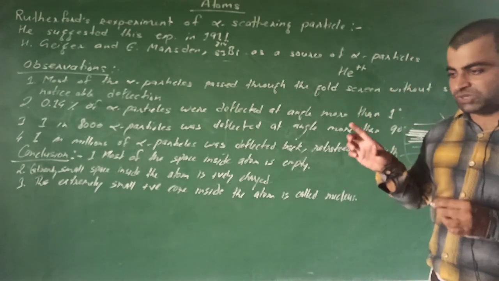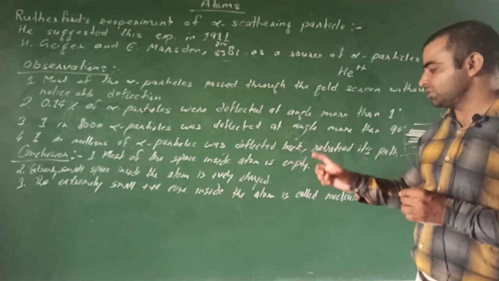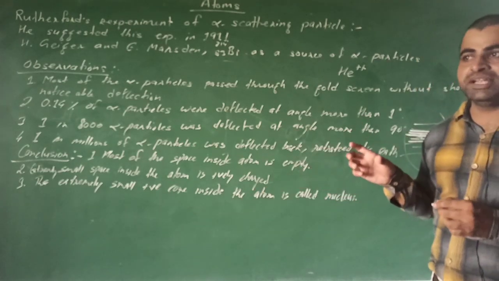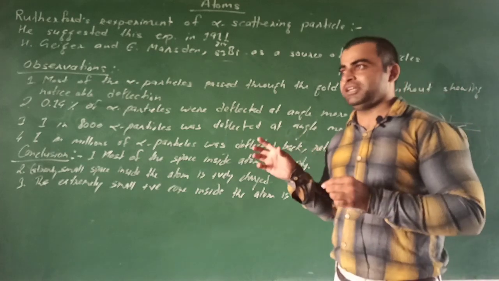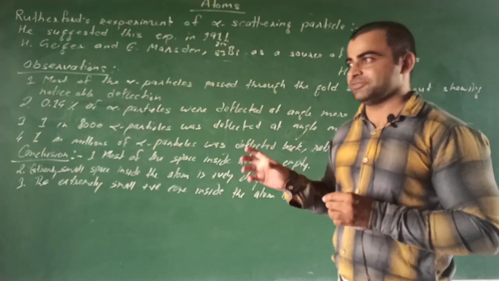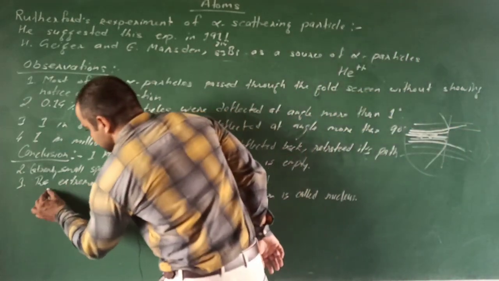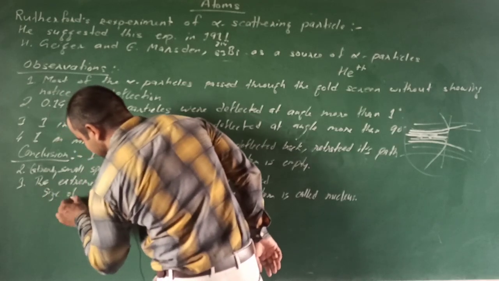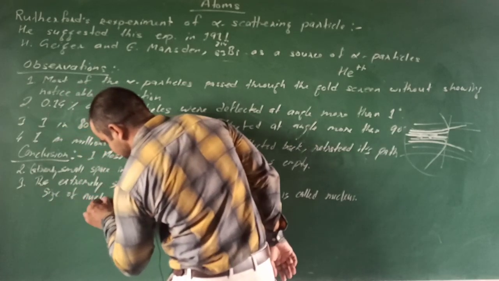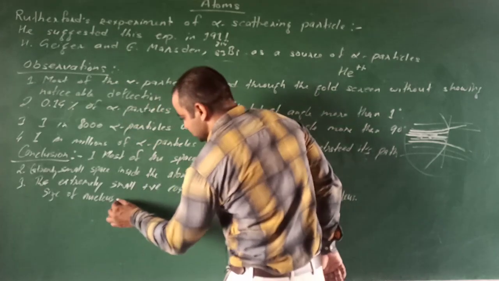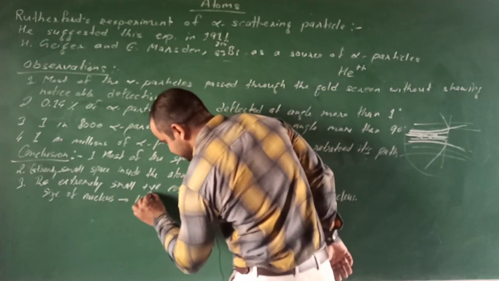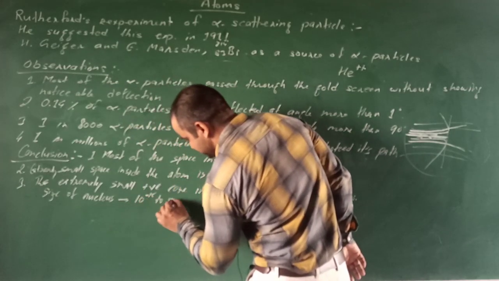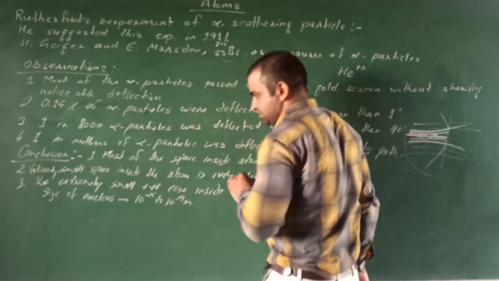The size of this positive core, the nucleus, is found to be 10 raised to power minus 15 to 10 raised to power minus 14 meters.